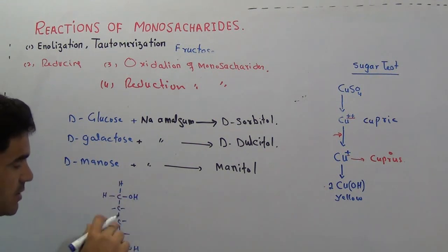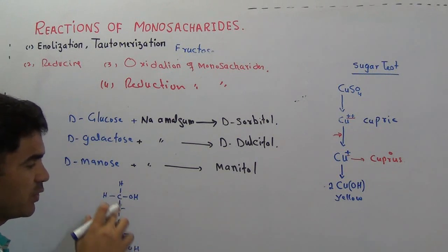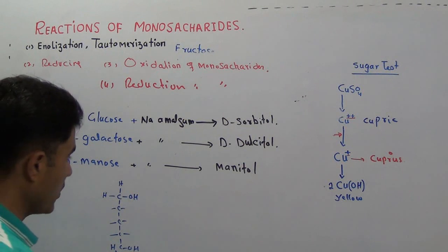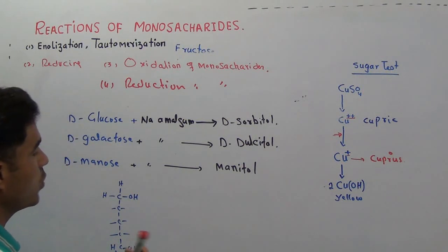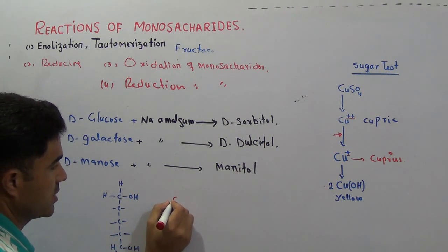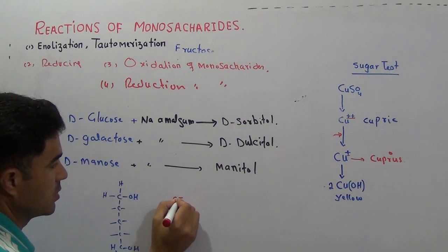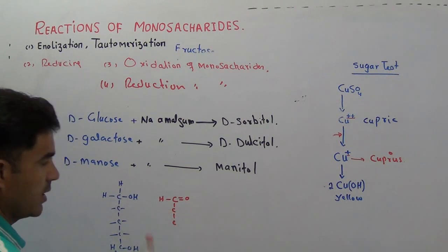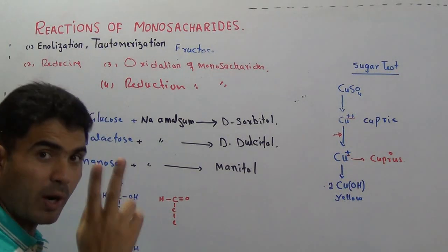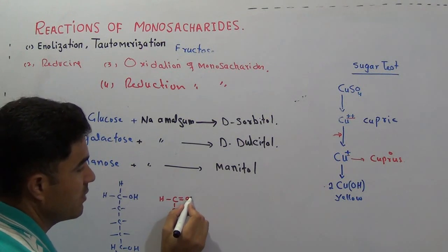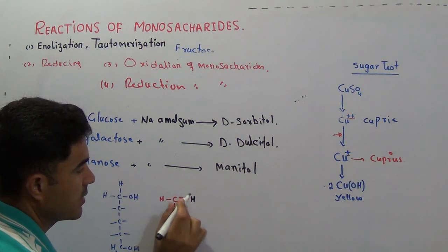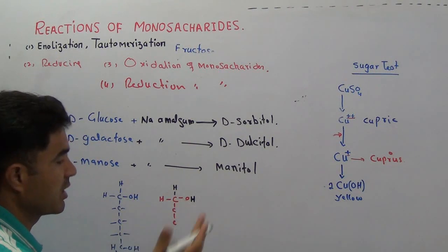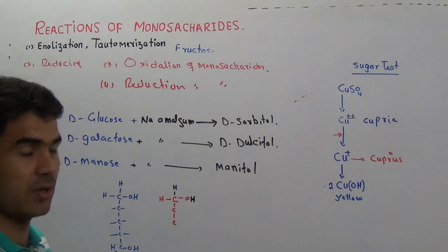Now this is a monosaccharide, but you will not see double bond O, you will see OH and H. You need to give 2 hydrogens in reduction. One hydrogen will come here and it will become OH, the other hydrogen will come here and it will become CH2. Now this becomes a complete alcohol, not an aldehyde.